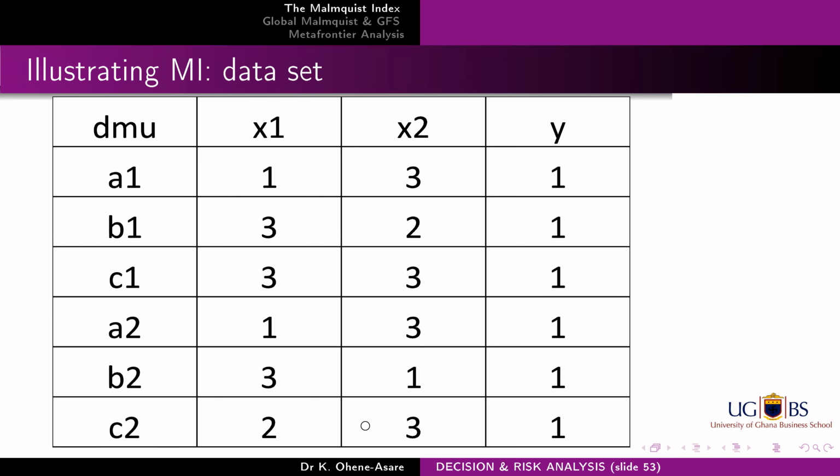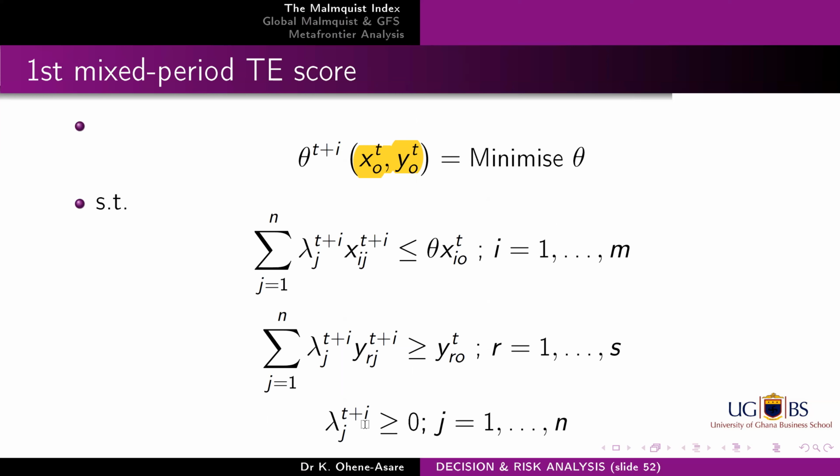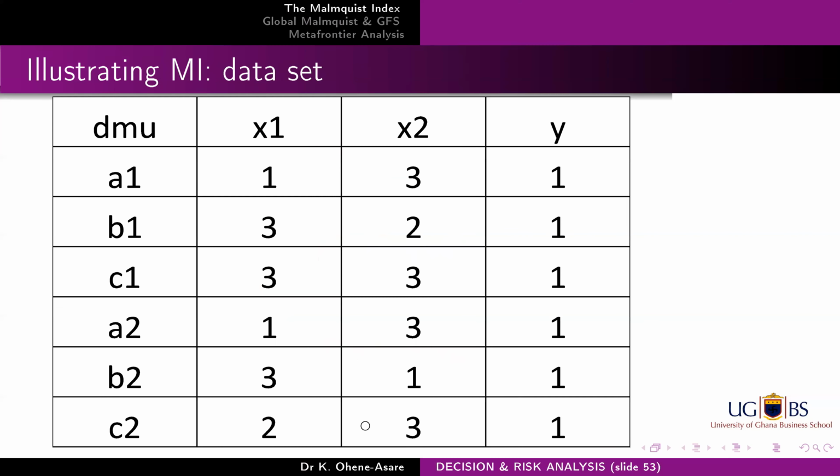Listen, somebody just sent me a message, which is interesting. It shows that I need to go through this one with you. So if we are doing it for C1, let me first write it up here so that you can follow me.